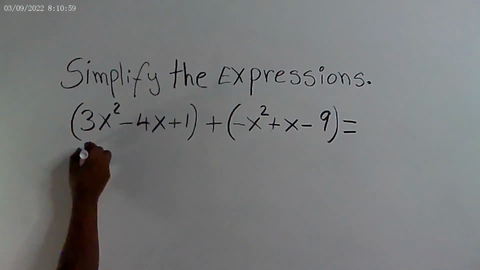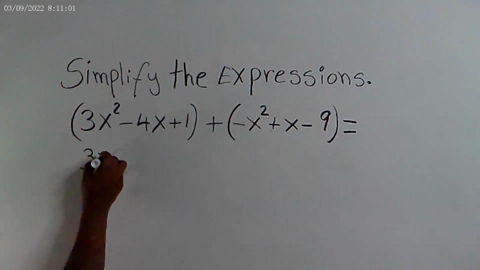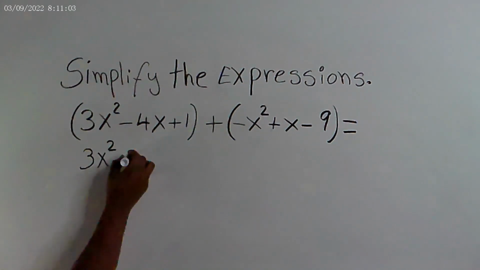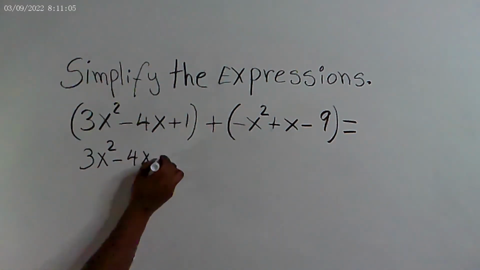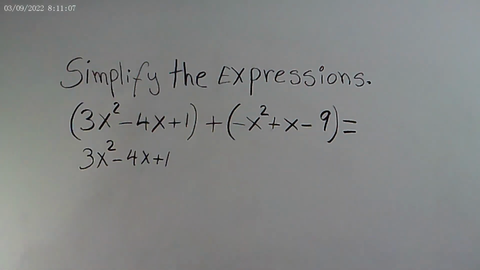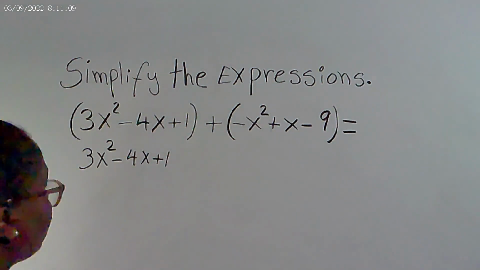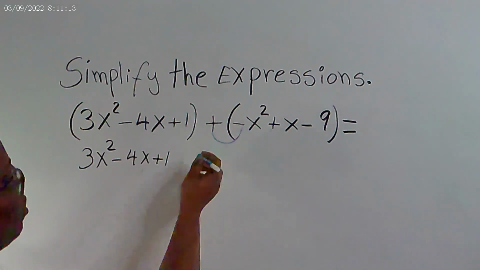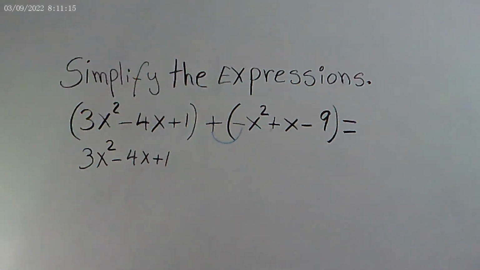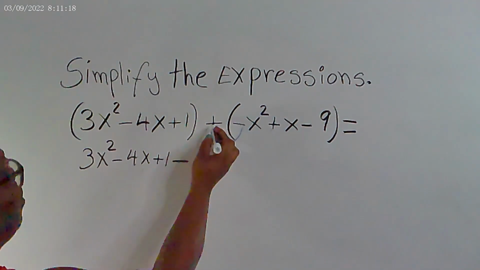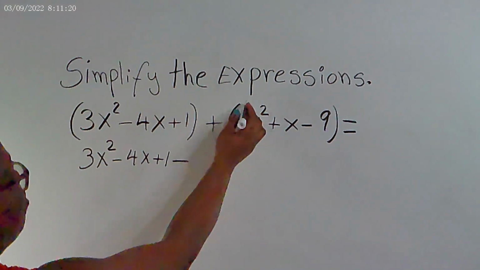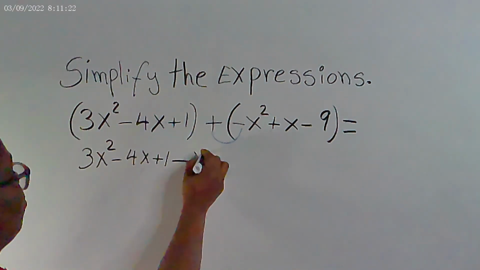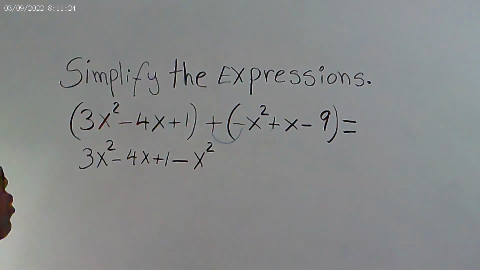So we're going to have 3x squared minus 4x plus 1. Right here, when you have plus times minus, it gives you a minus. Plus times minus x squared gives you minus x squared.